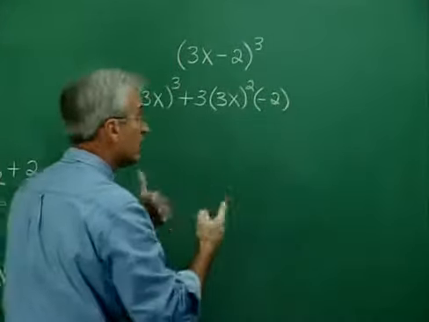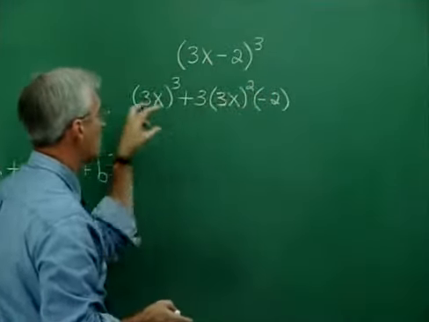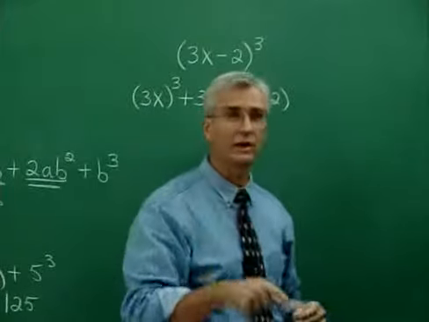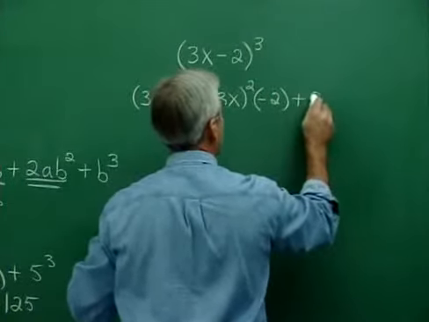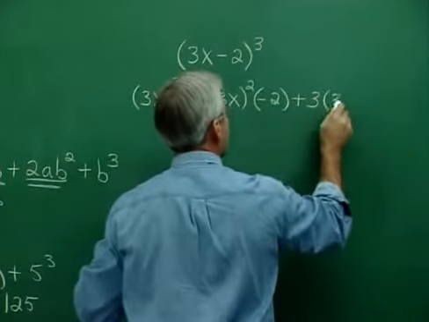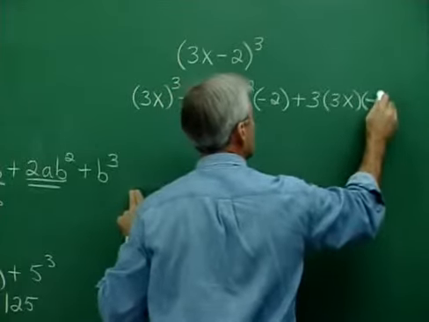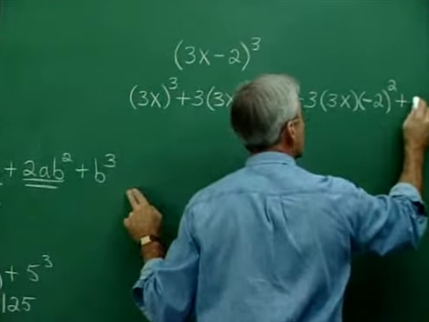Now notice the appearance here of this negative sign. That's okay, it'll just jam in here with these factors and we'll end up with alternating signs, but it's really no big deal. Then in the next one we have this naturally occurring 3, and then we have 3x, the first term, to the first degree, and then our second term squared. And then our last term is the second term cubed.